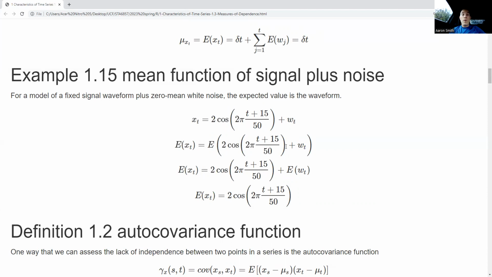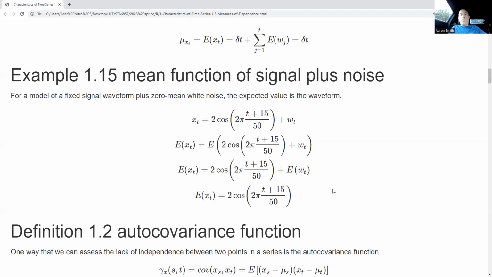And so this is a constant value for the purpose of expected value. And this is our random aspect. I'll break up using the linear function, and then I'll take the expected value here, which is equal to 0. Boom, we see that the expected value is the signal itself. All right, that's good.